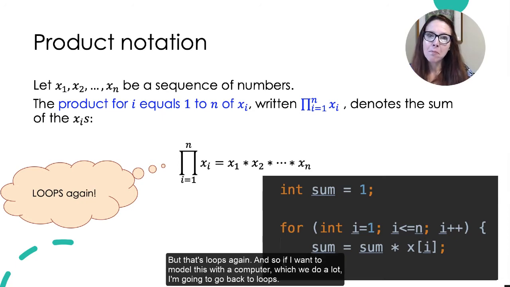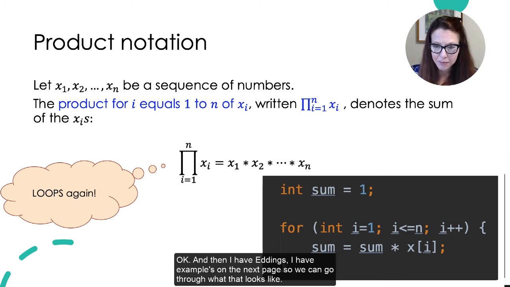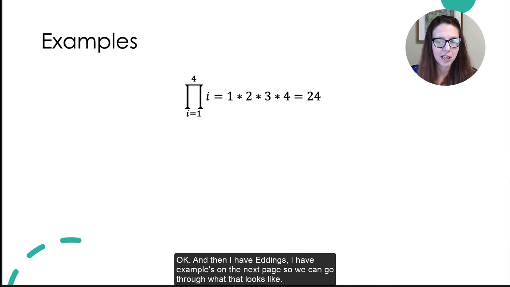And if I want to model this with a computer, which we do a lot, I'm going to go back to loops. It looks very similar to what we did. The only difference is that this time, instead of adding that next element, I'm multiplying. I have examples on the next page, so we can go through what that looks like.